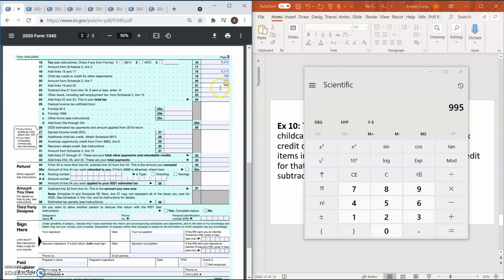And then when we subtract that 8,272 and the 995, that puts us at 7,277. And then this would be the total tax owed by the O'Sullivans after the credits.